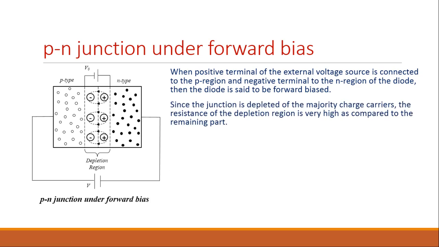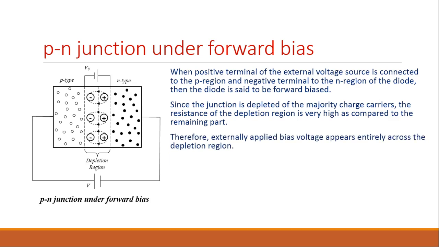Since the junction is depleted of the majority charge carriers and new majority charge carriers cannot arrive there, the resistance of the depletion region is very high compared to the remaining part of the semiconductor where mobile carriers are available in plenty. Therefore, an externally applied bias voltage appears entirely across the depletion layer.